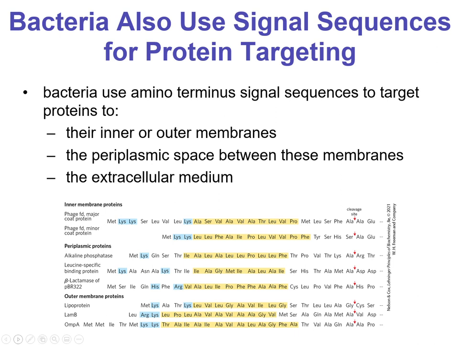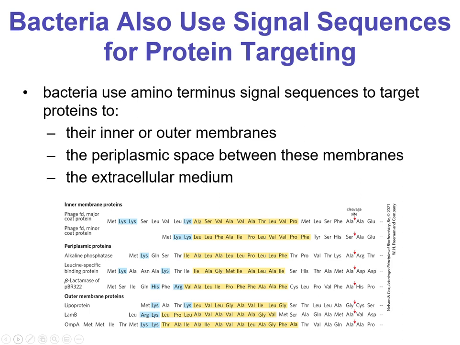Bacteria also use signal sequences for protein targeting, but eukaryotes do it to the most extra level possible. Bacteria use N-terminal sequences to target proteins to their inner membrane versus the outer membrane, or the periplasmic space that exists between them. And if you're saying, doesn't that sound a lot like what the mitochondria has?